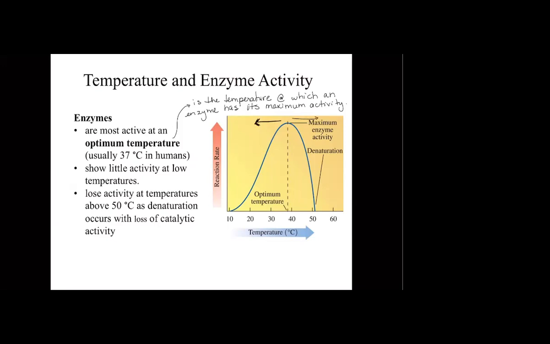The reason we see the decrease in activity overall is that as you increase the temperature, the shape of your enzyme is going to be disrupted, because if you increase the temperature enough, your enzyme, which is a protein, can become denatured, okay?